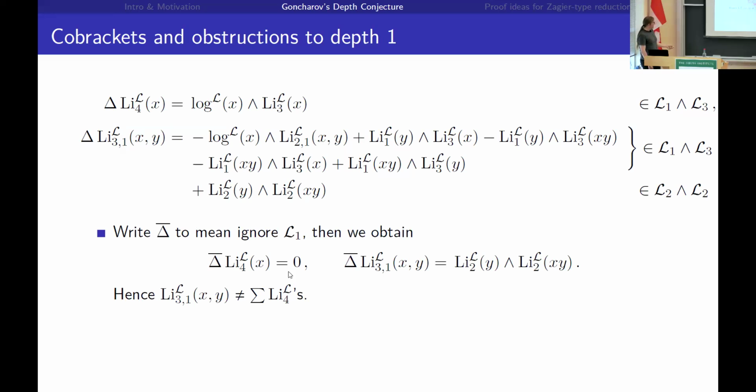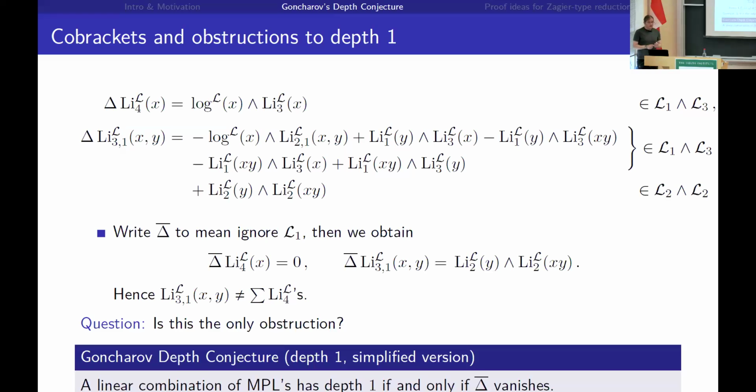The reduced coproduct of Li4 is just 0, it vanishes completely. But the reduced coproduct of Li3.1 is non-zero. So there's no possible way you can get Li3.1 by adding together a bunch of Li4s. And that's exactly why we had the obstruction in the first few slides of the introduction.